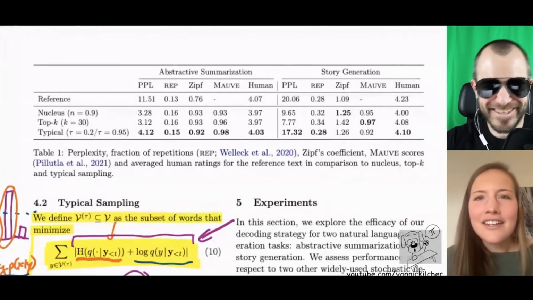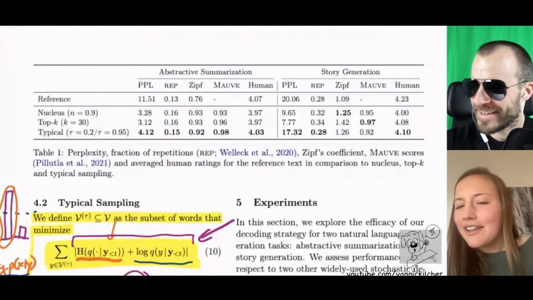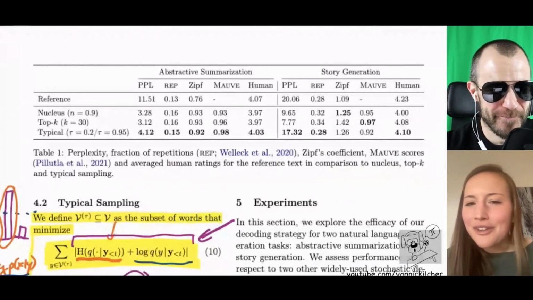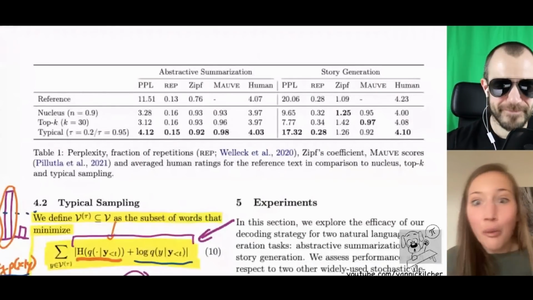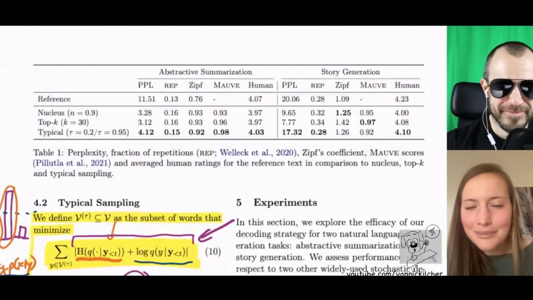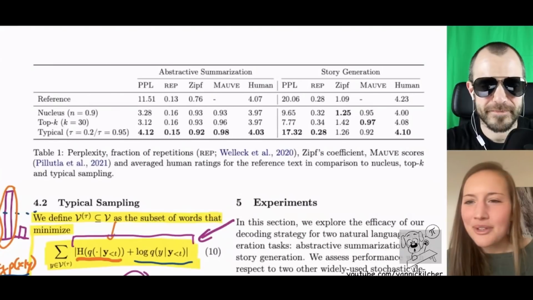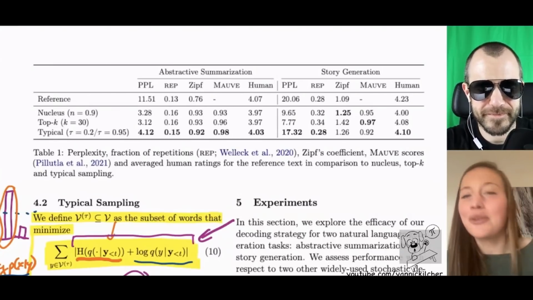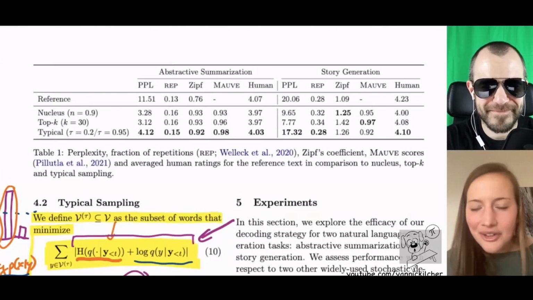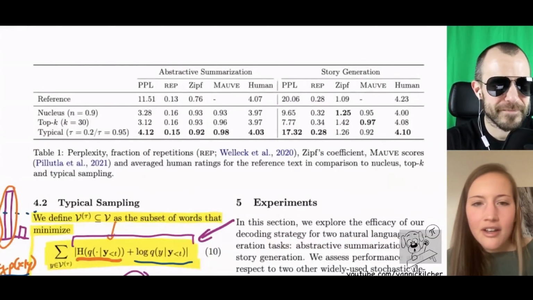There were only so many human evaluations we could afford, and we thought we should test out more values of our own method since no one has done this before. But a lot of people have looked at nucleus and top K sampling. Once it seemed like this was research worth doing, we were able to get a little more money and launch a larger human evaluation. So those results are now in the paper.